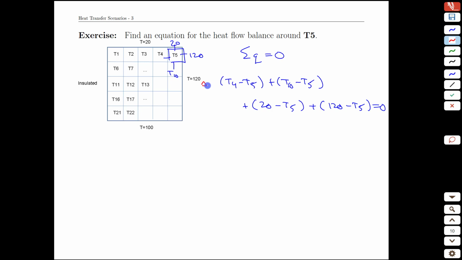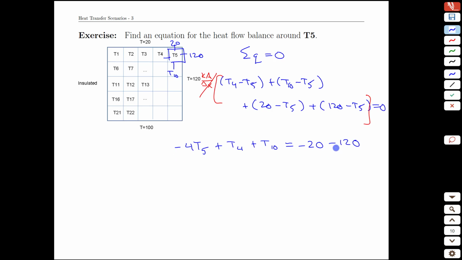If we wanted, we could put the Ka all over delta x times all of this. That's what would give us the heat flows, but again, those cancel. And so what we end up with is negative 4 T5s plus the 2 neighbors, each with coefficient 1, and taking the 20 here, bringing it over, minus 20, take the 120 over, minus 120.